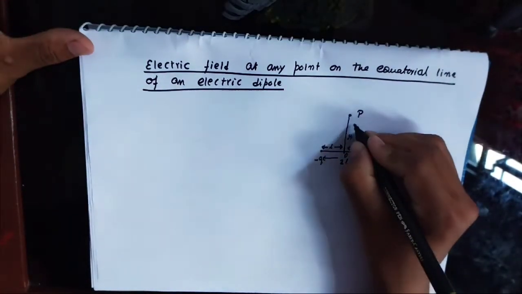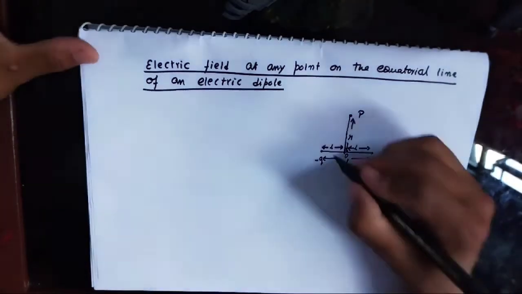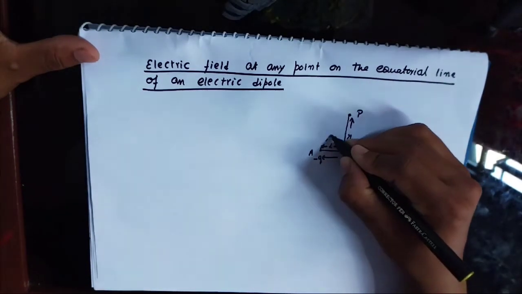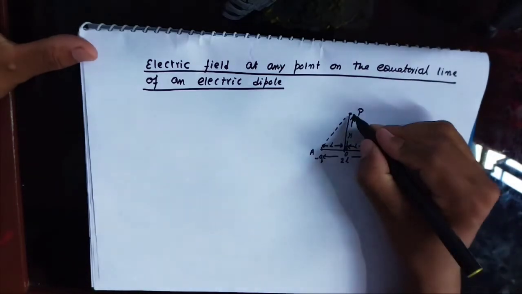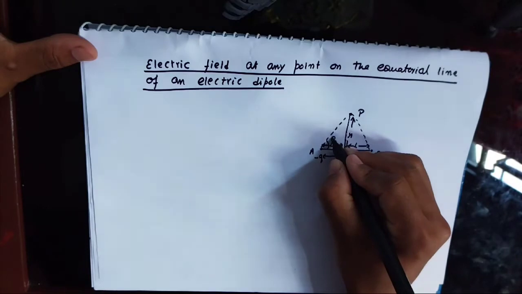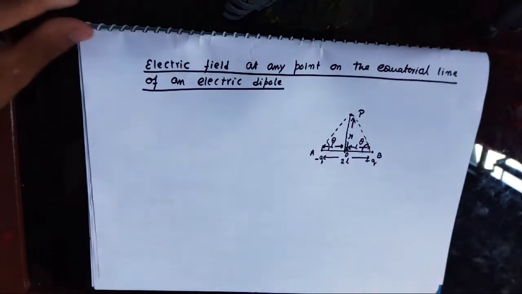Suppose this point is at a distance r from the center of the dipole. Suppose this one is A, this one is B. Join this line, and mark this angle by theta, and this angle is also theta.